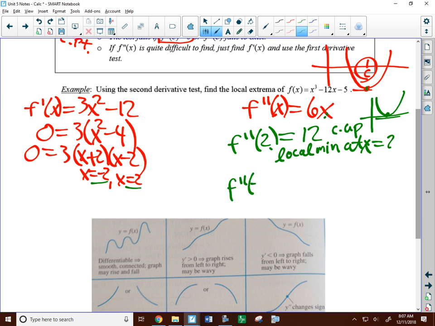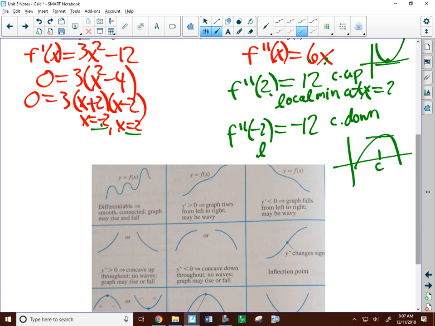I'll do the second derivative at -2. This will be 6 times -2, which is -12. That's a negative number, so it's concave down, shaped like a frown. And so at this point, it's concave down, shaped like a frown, and the slope was 0. So it's a local max. So local max at x equals -2.